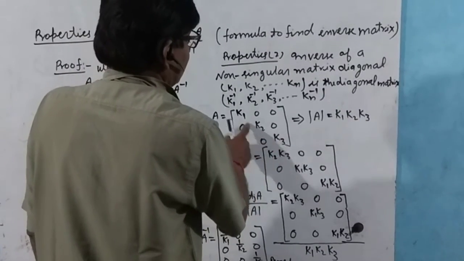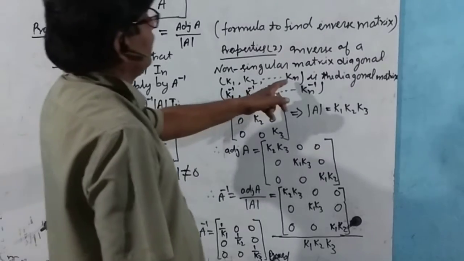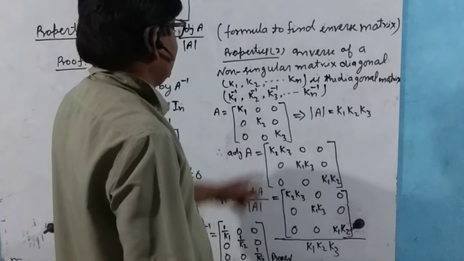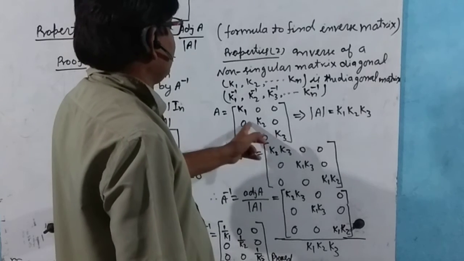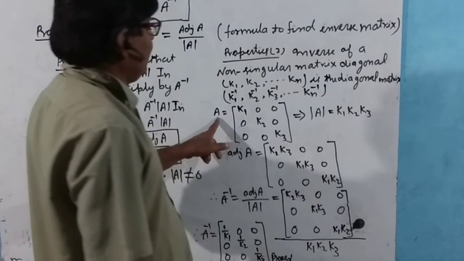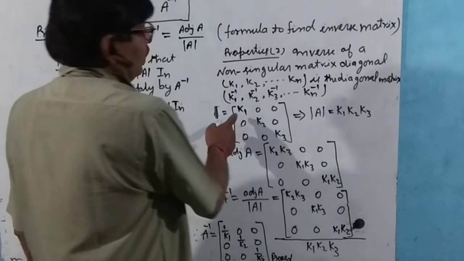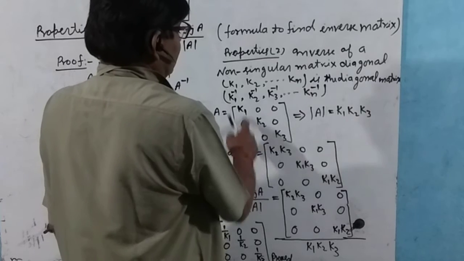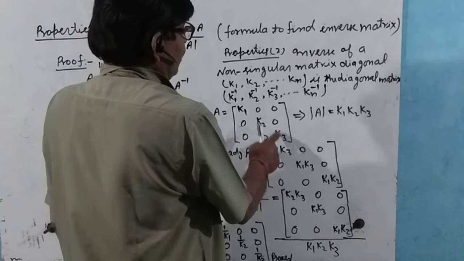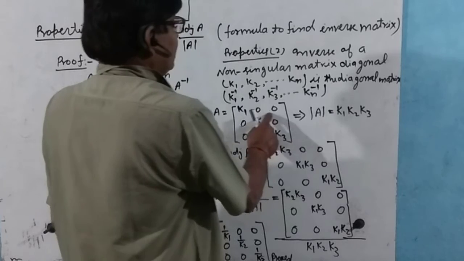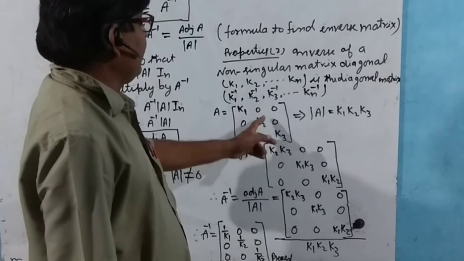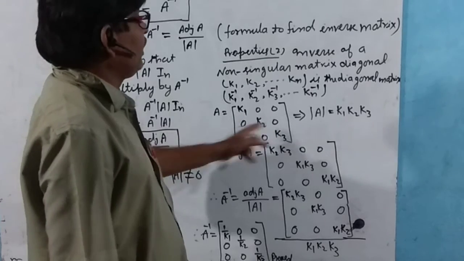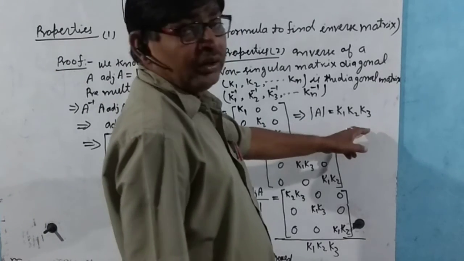Here we take only 3 elements, though it is an n cross n matrix. Determinant of A, we expand with respect to K1; the rest of the elements are 0, so determinant of A is K1 K2 K3.